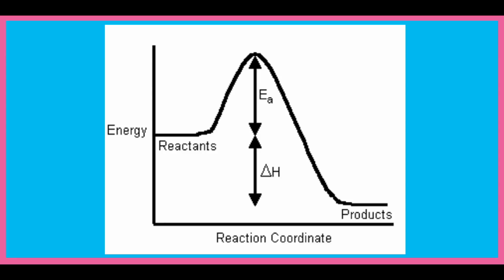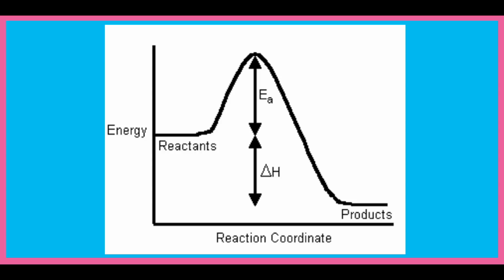The delta H is going to determine if the reaction is endothermic, meaning the products have more energy than the reactants, or if the reaction is exothermic, meaning the products have less energy than the reactants. In this particular case, we can see that we have an exothermic reaction.